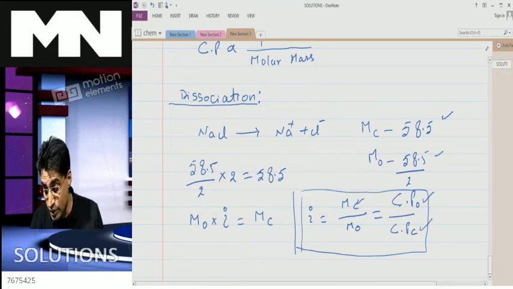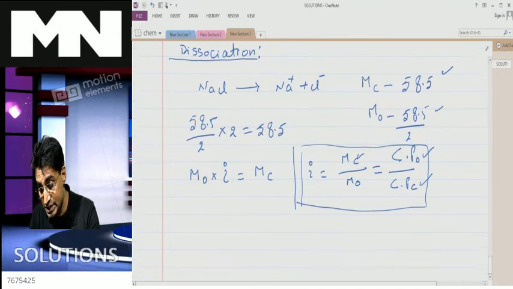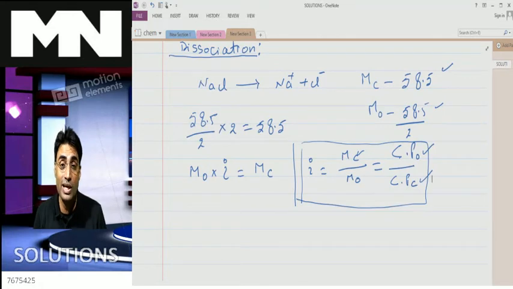Through them you can calculate Van 't Hoff's factor. Van 't Hoff factor helps in a large number of things. Here in this case, it will help you in calculating the degree of dissociation.